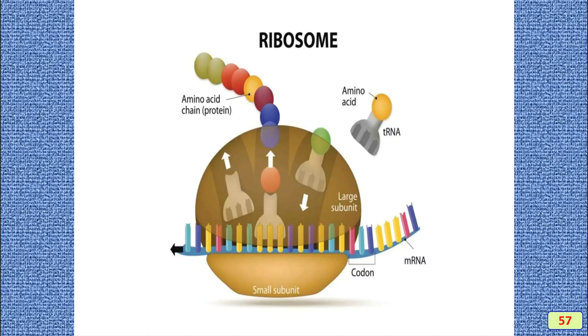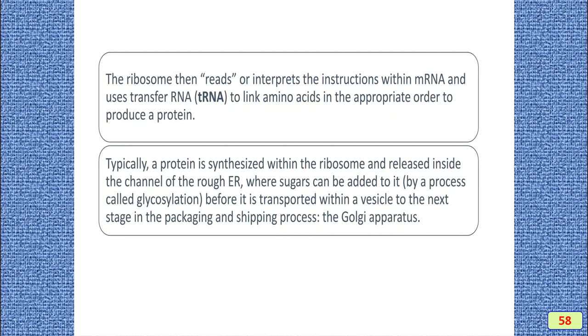Here you can see that amino acid sequences enter the ribosome and get converted into the required amino acids and also the polypeptide chains.